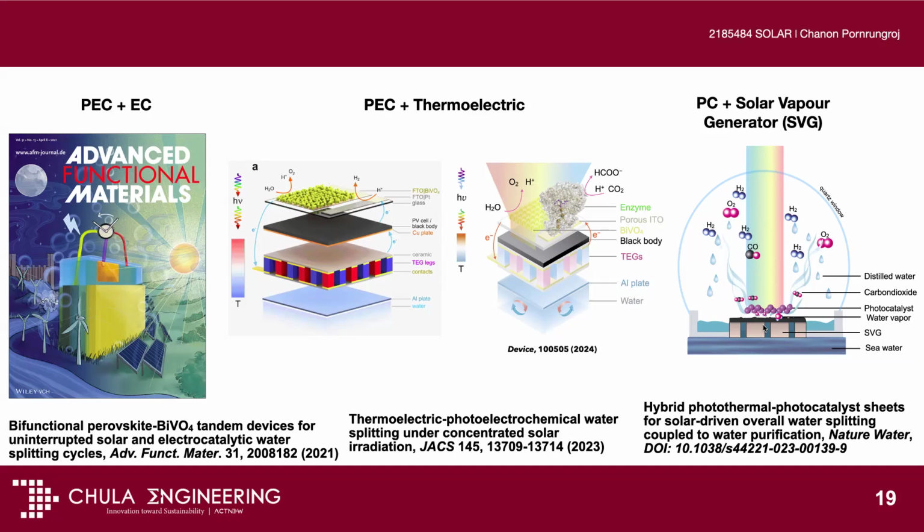So the catalyst, instead of splitting seawater, splits the gas phase water. And this demonstration shows that through this kind of integration, we can get not only hydrogen but also clean water at the same time. So solving two problems in one device.